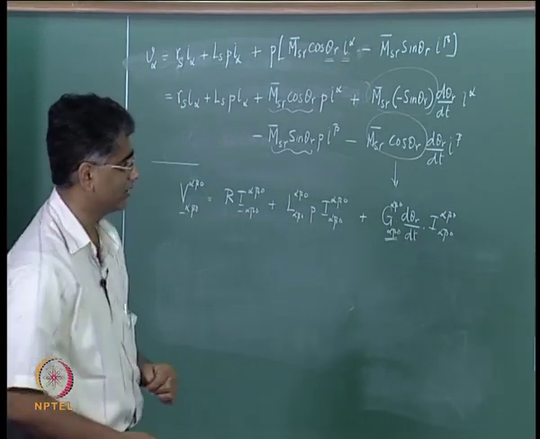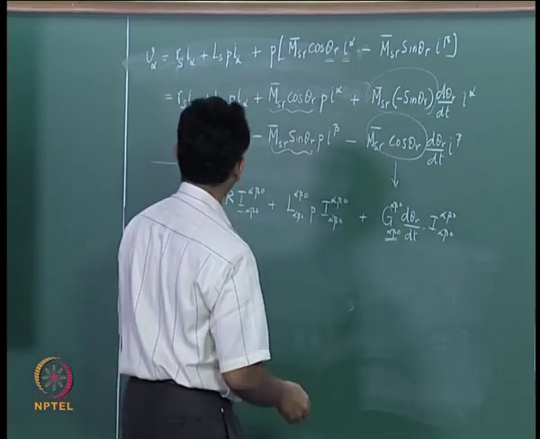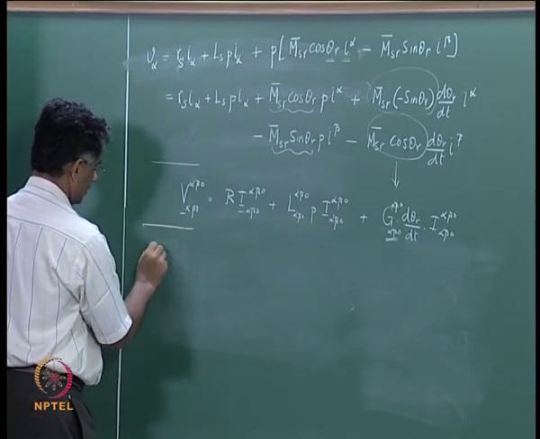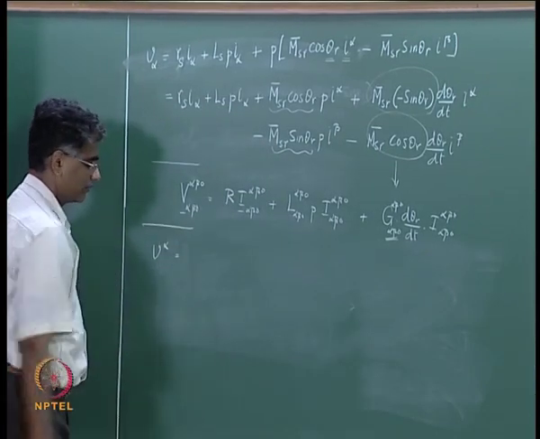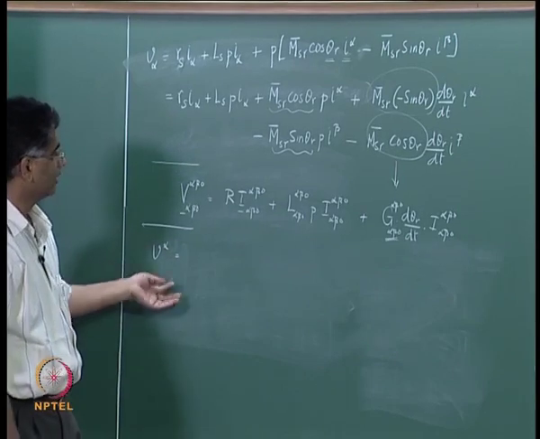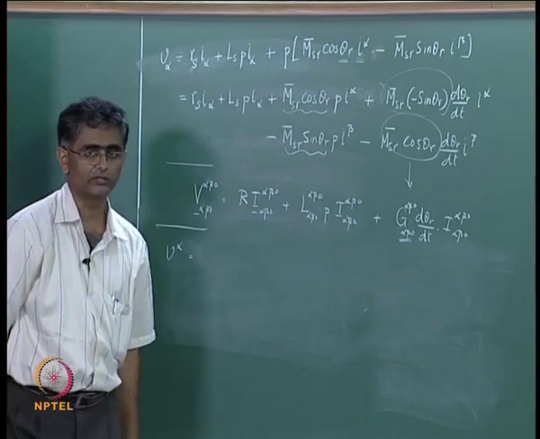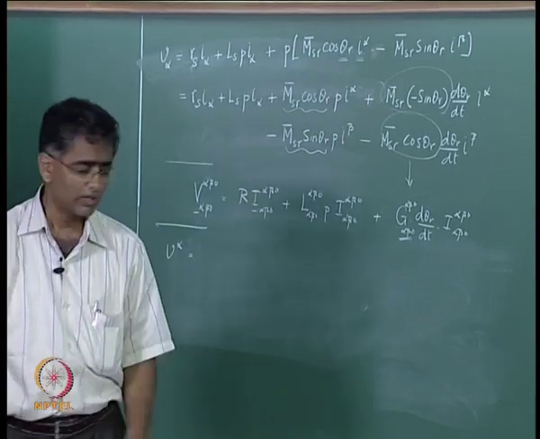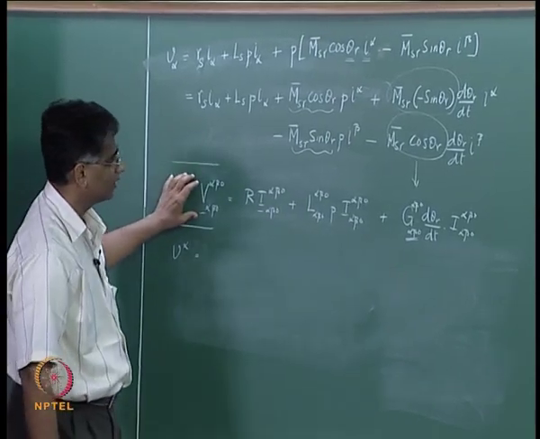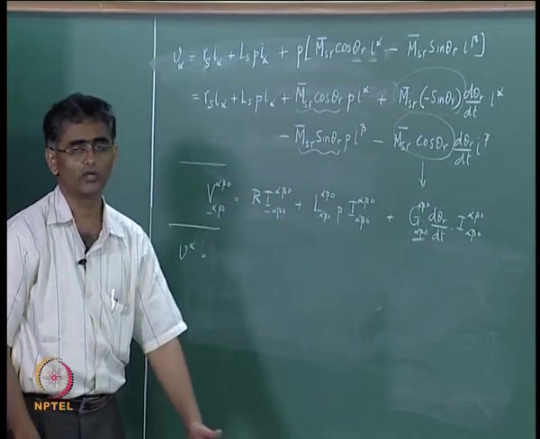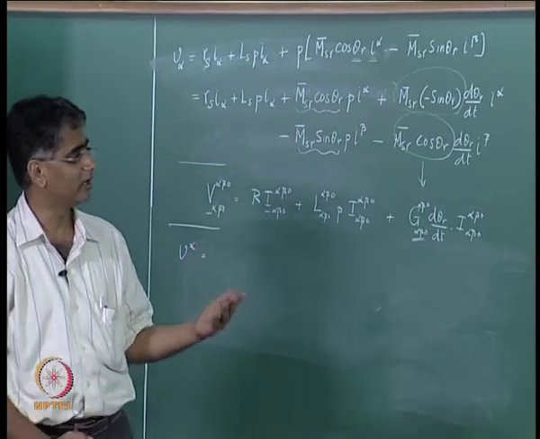In this manner, one can write the expression for V alpha also, for the stator and for the rotor, and you would get a similar-looking expression which again falls into this format. Therefore, this equation in the alpha beta 0 reference frame can be written directly by observation.